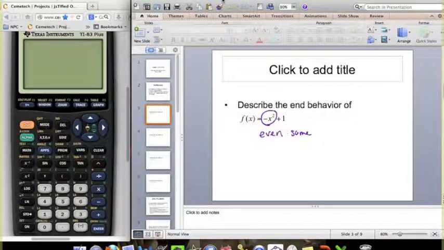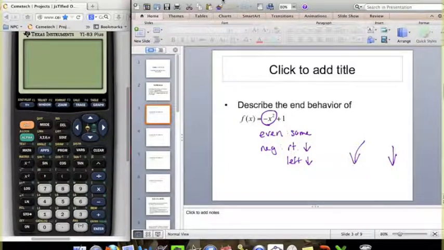The number in front of that is a -1, and a negative tells us that the right-hand side will be going downward. And if the ends are going the same way, then that means that the left should also be going downward. So we have no clue what the middle of this thing looks like, but we know at the ends, the function looks like this.